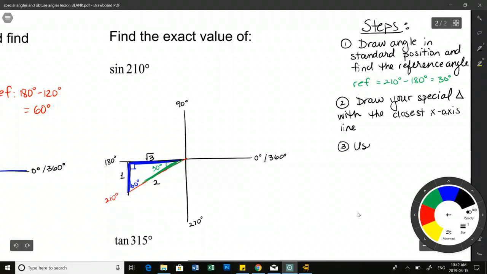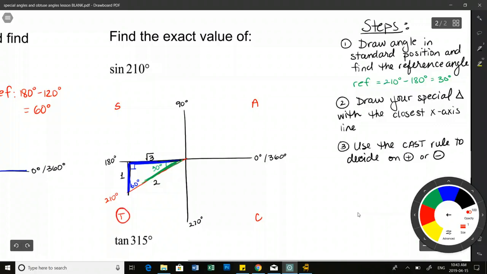We are going to use the CAST rule to decide on positive or negative for our specific question. We always start in the bottom right quadrant and work our way counterclockwise, writing the word CAST.